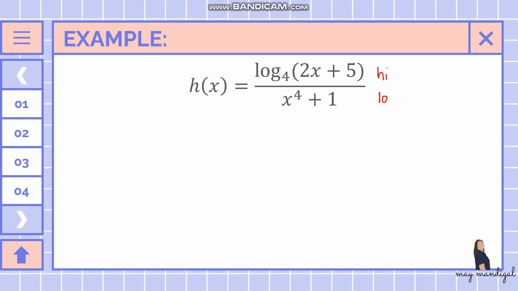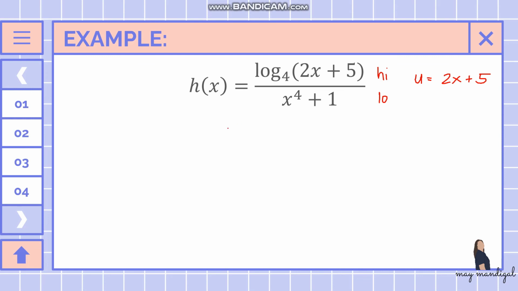And if it's a composite function, that means we have to identify the inner function, and that is 2x plus 5. So u is equal to 2x plus 5. Again, the numerator is a logarithmic function, and within that logarithmic function, there is still a function inside of it, which is the 2x plus 5. So that will be our inner function right there. So we set that as our u.